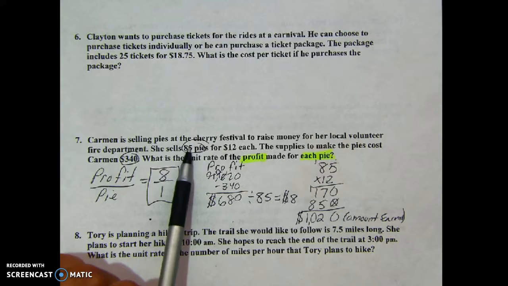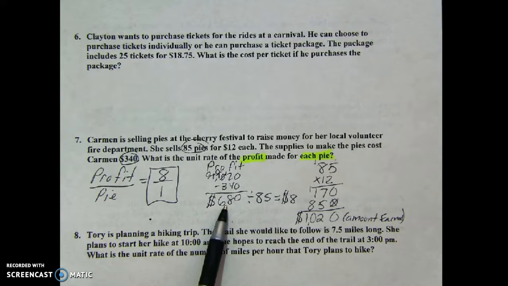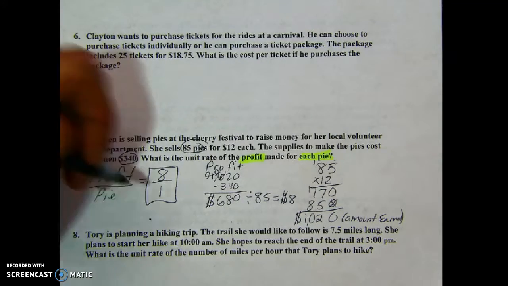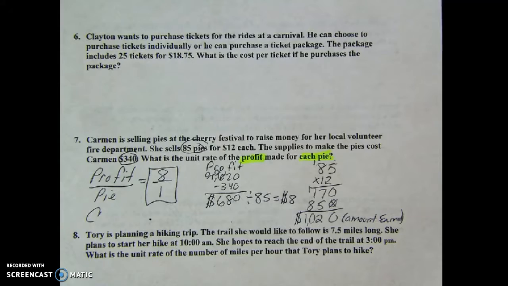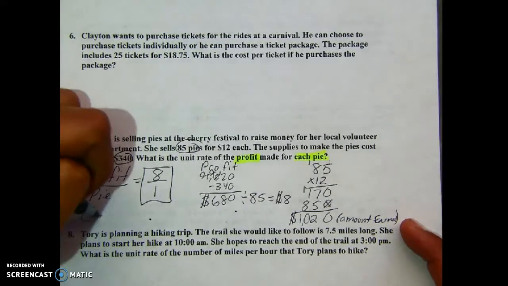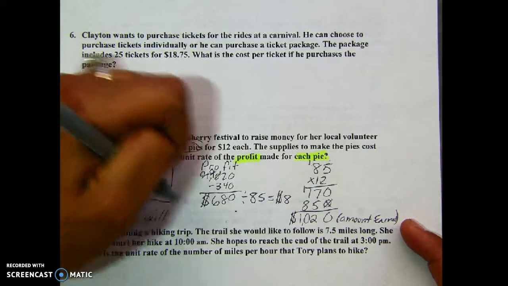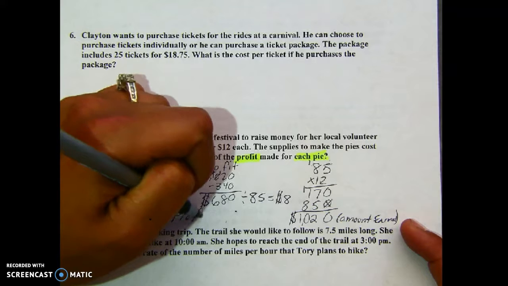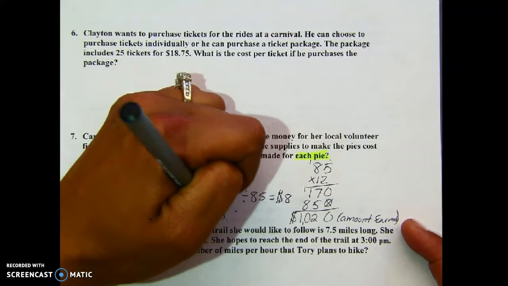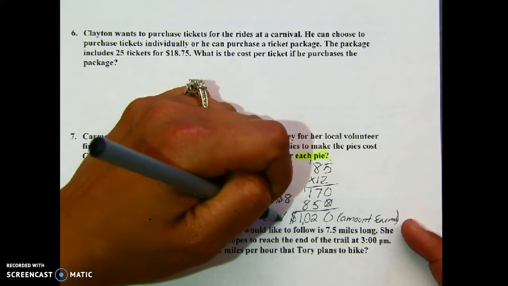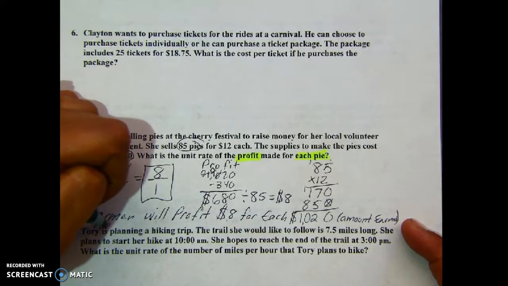Because by dividing your total profit by 85 pies, that tells you how much money you're making off of each pie, which in this case was $8. So Cameron will profit $8 for each pie sold.